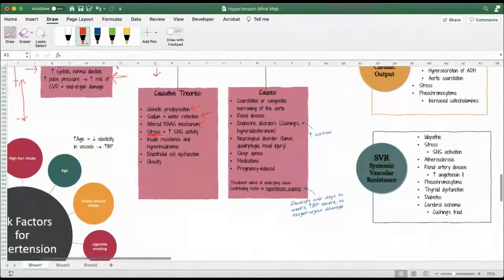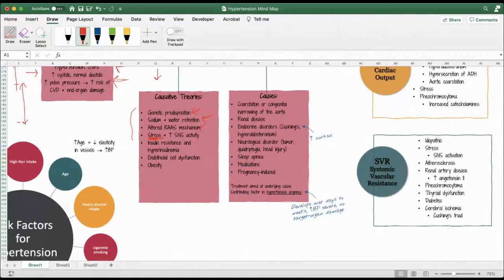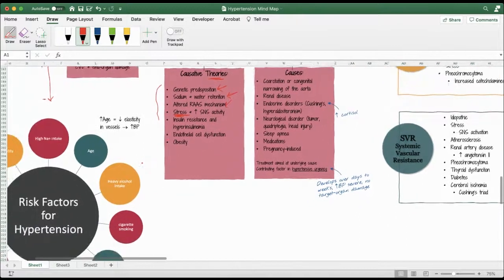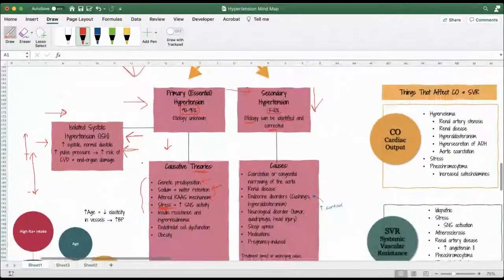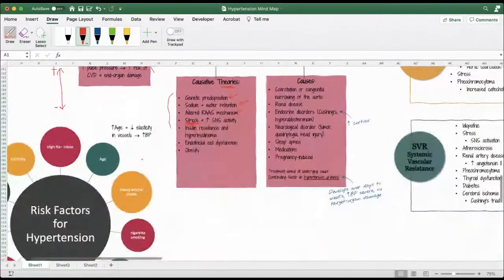These are all theories. Nobody really is 100% sure what causes primary hypertension, where the etiology is unknown.